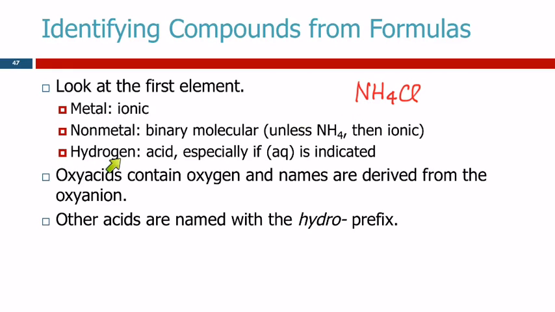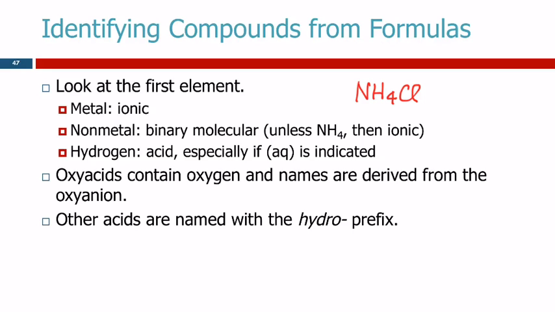If the first element is a hydrogen, you can name it as an acid. And if it has aq after it, you really should name it as an acid. Some compounds, though, you can also name as binary molecular.